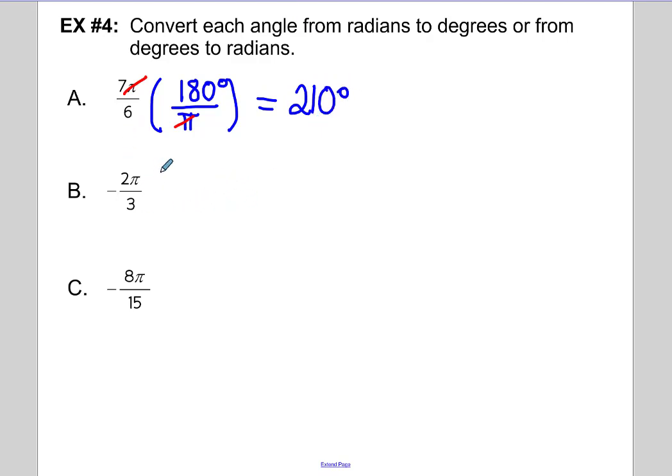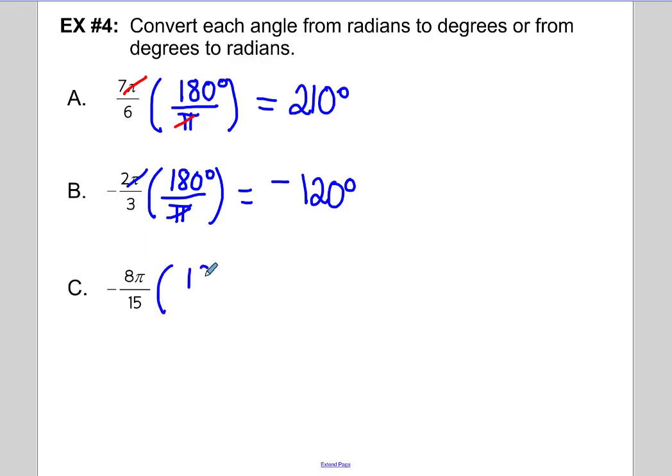And here, same thing. I want to keep degrees and get rid of the radian measurement. So the radians will cancel. -2 times 180 divided by 3 will give us -120 degrees. So we're converting from radian to degree. And then here's the last one for you to try.